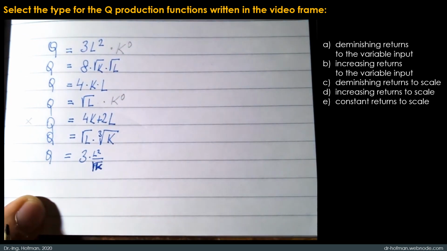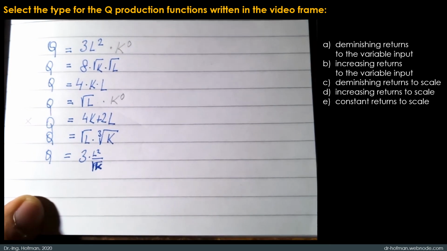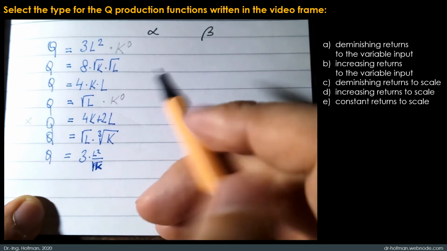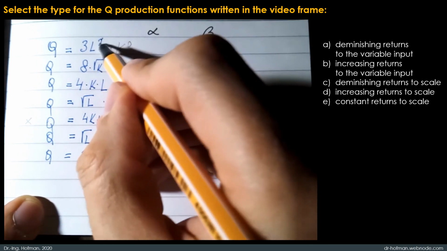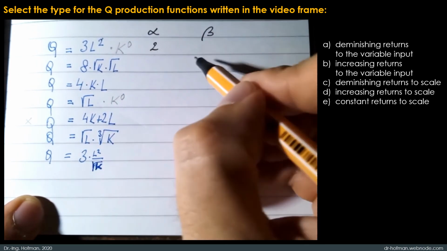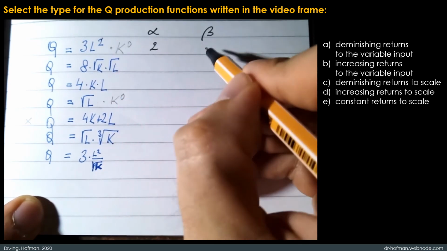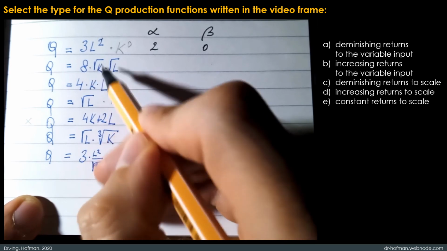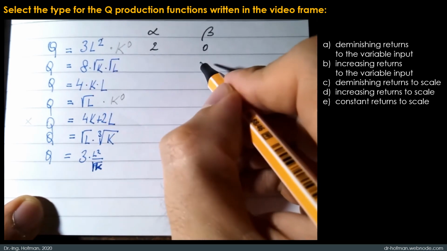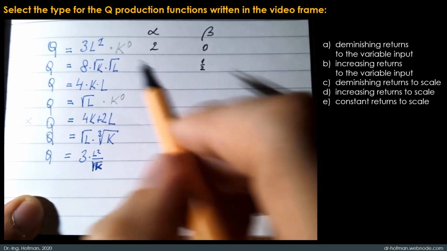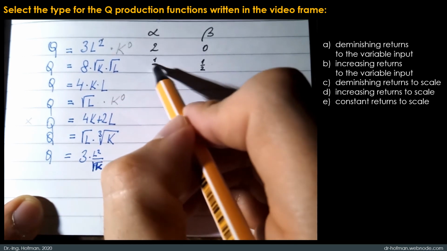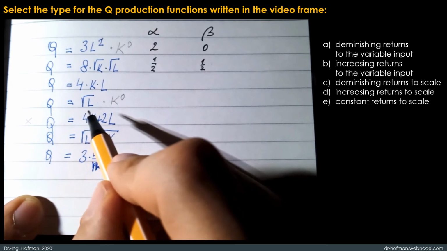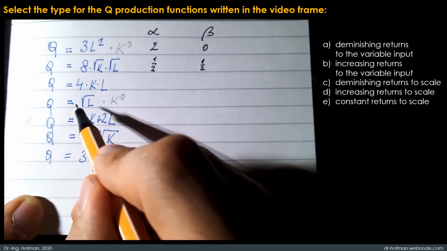For those where K is absent, we can write the K in the form as K to the 0. Now express the exponents: alpha is 2 and beta is 0 in the first one. Here is K to the 1/2, so it means L also 1/2.